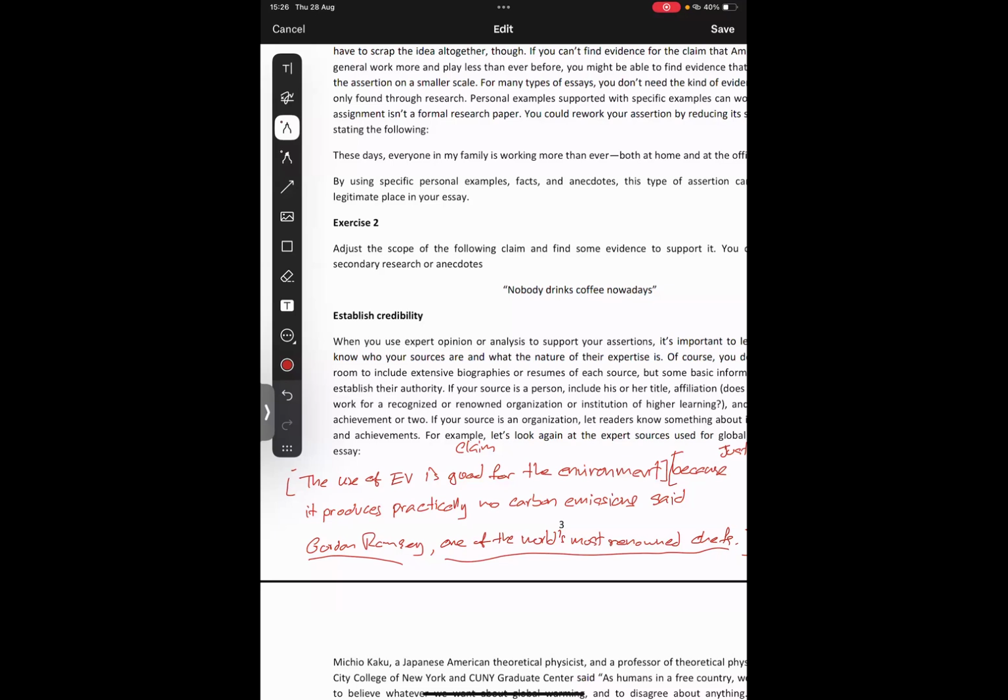Now, when you see words like EV, what does that stand for? It stands for electric vehicle, electricity, environment. Okay. So this is a claim that overlaps between environmental engineering, chemical engineering, and electrical engineering.